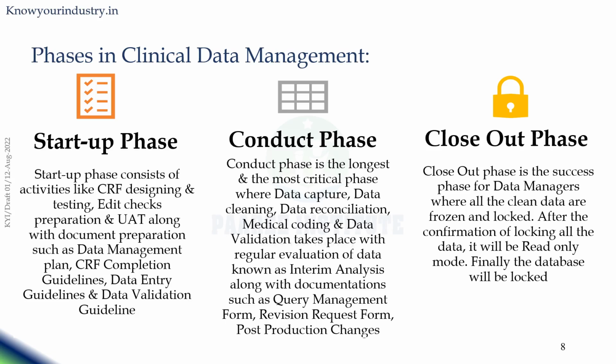If it is a typo error, when the alert comes, the site can modify the data and save it. In case it is actual data, you will have a pre-populated query. The site can respond that this is the actual data which was collected during the test process, and they can give a reason for the same.